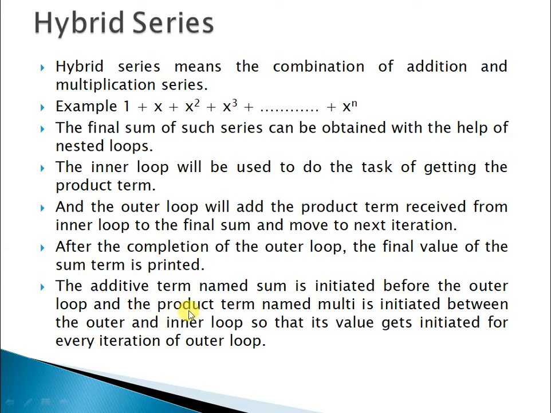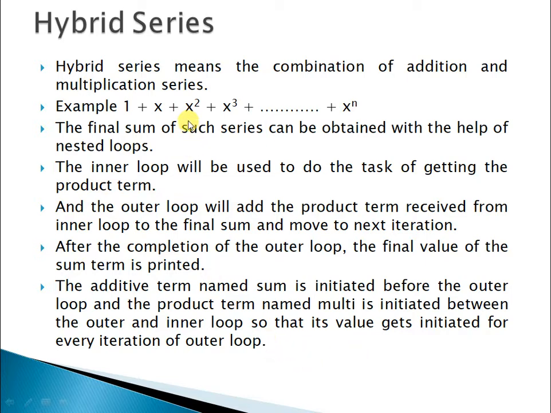And the product term named multi, that has to be initialized by 1, should be initialized between the body of outer loop and inner loop. Means before entering the inner loop, you must initialize that multi with 1. Why? So that its value gets initialized to 1 for every iteration of the outer loop.